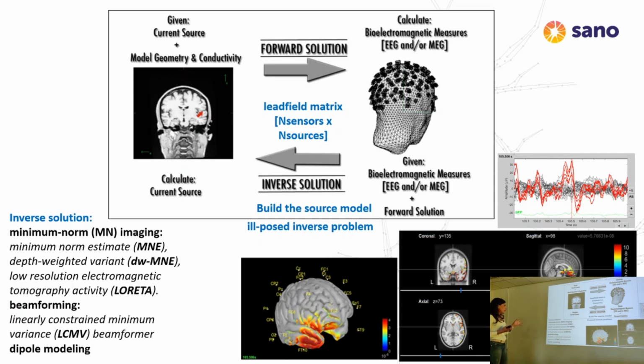The most common source modeling methods are minimum norm imaging, beamforming, and dipole modeling. But recently, a new approach using machine learning algorithms has been employed.